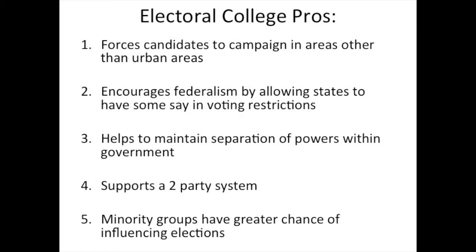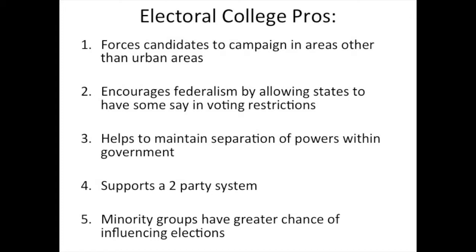A second advantage is that the Electoral College allows states to vary their rules in voting eligibility and requirements. So this essentially assists in federalism, making sure that states have a say in how elections are held in their state.